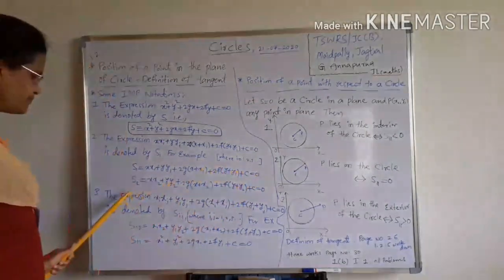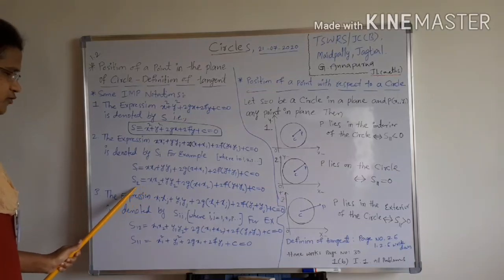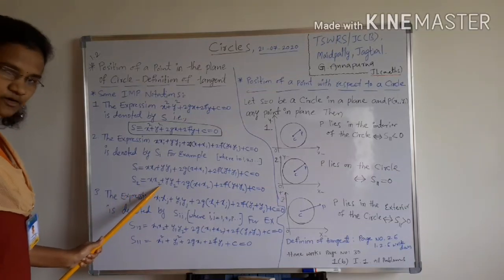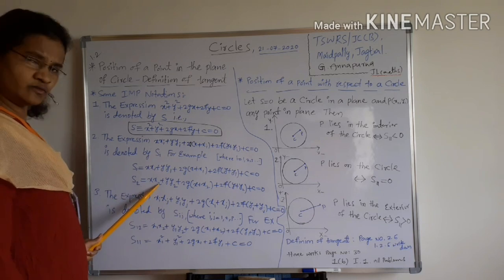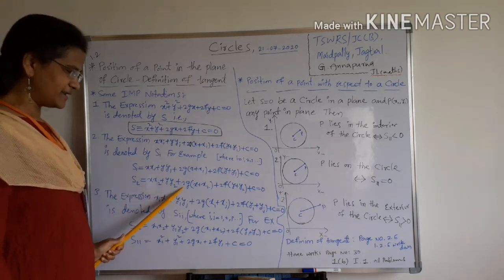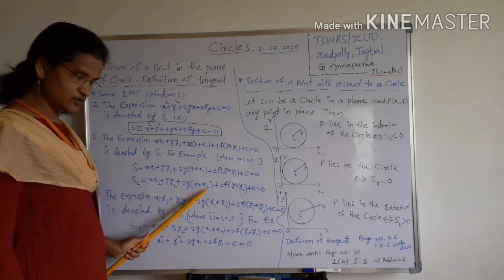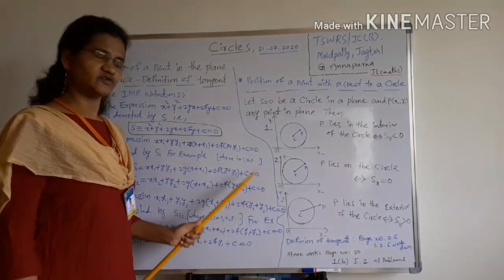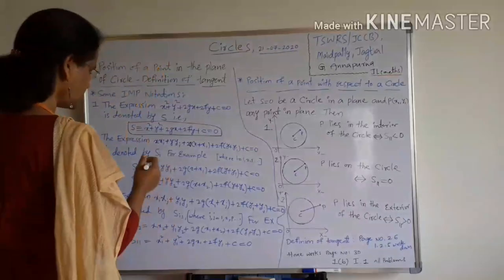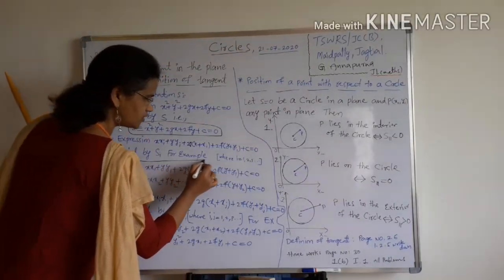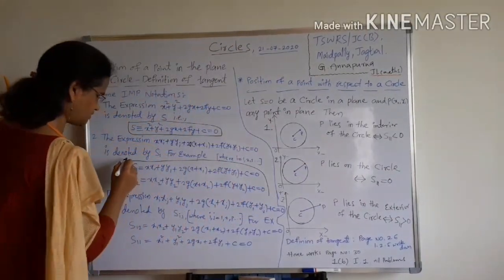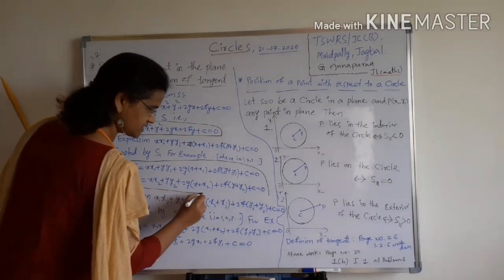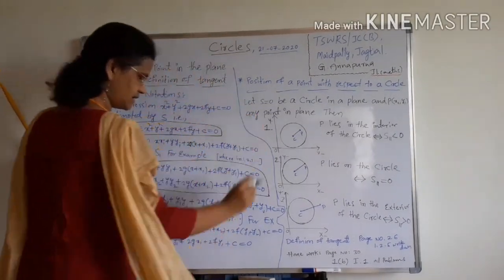S2: here 2 came, here also 2 came. x x2 plus y y2 plus 2g of (x plus x2), 2f of (y plus y2) plus c is equal to 0. These are two important notations we will use in the coming chapters.